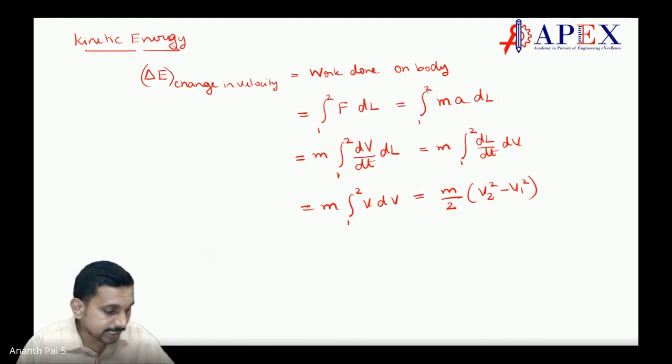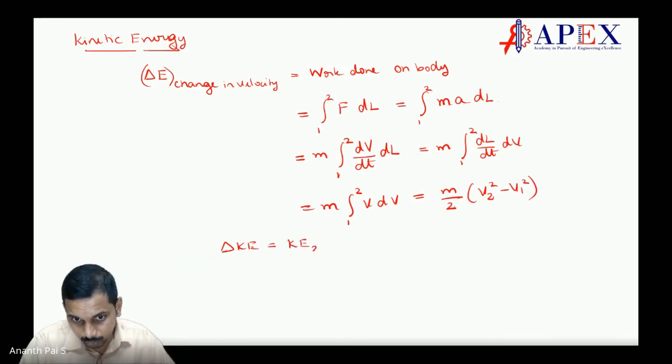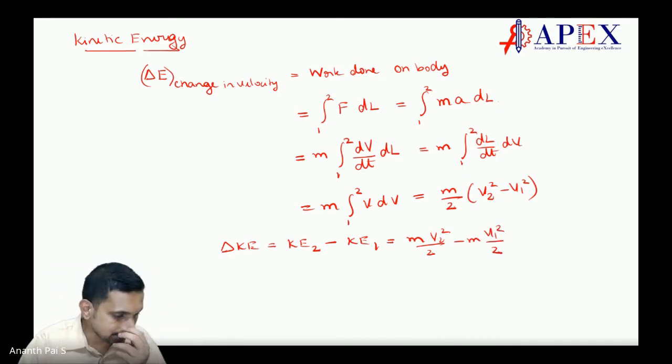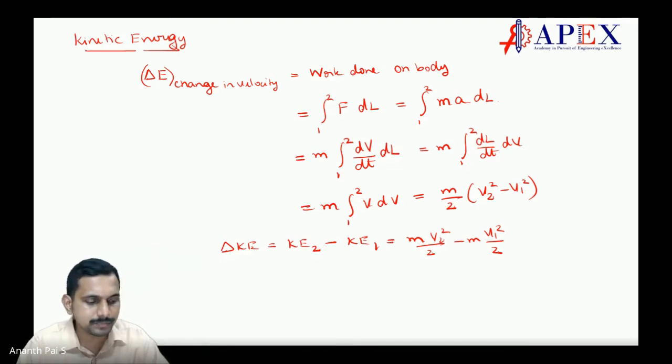So the change in kinetic energy is equal to kinetic energy at 2 minus kinetic energy at 1, which is equal to m v2 square by 2 minus m v1 square by 2. Simple. How the kinetic energy comes, that is important. Make sense, students? That's how kinetic energy comes.